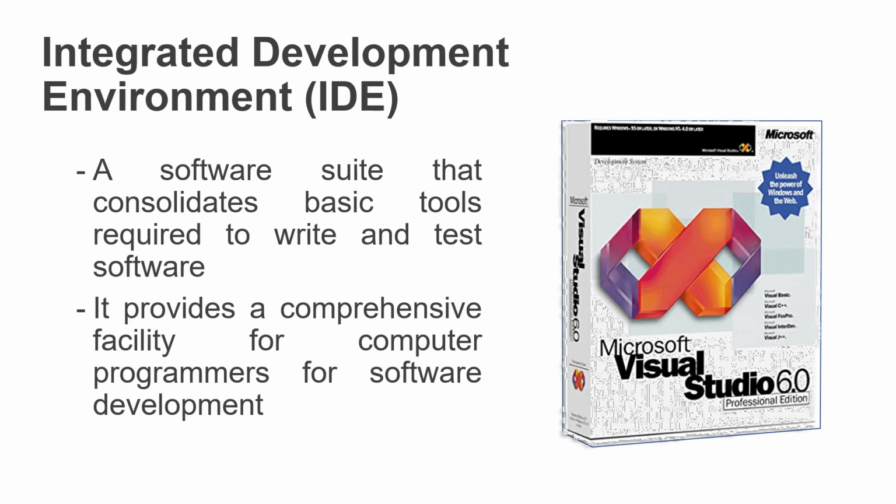Meaning that IDEs are program suite for software development, for creating different computer programs or applications. Example is the Microsoft Visual Basic Studio. We also have Unity and Python. All of these program suites or IDEs are for the purpose of developing computer software or programs.